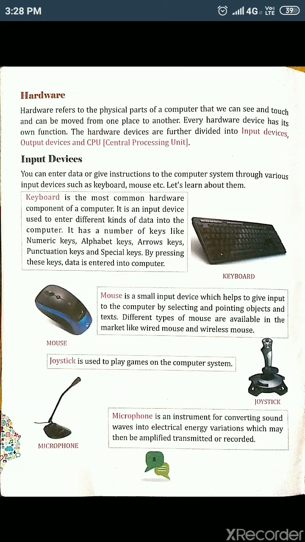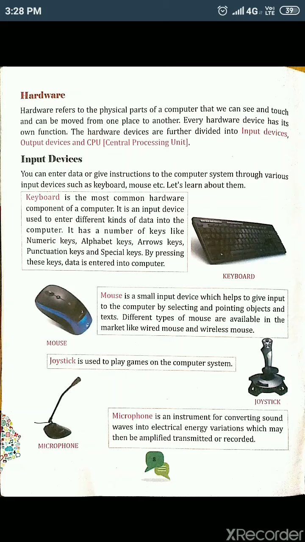Similarly, in a computer, we can see the parts of the hardware that are outside. For example, monitor, keyboard, mouse, etc. They are attached to the CPU by cables, and each hardware has a specific function.